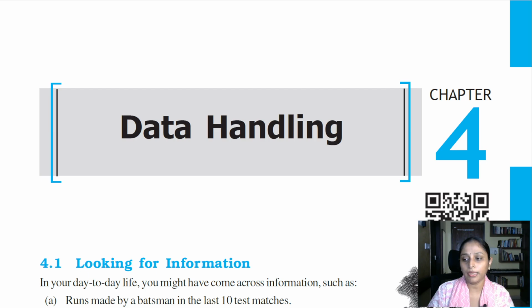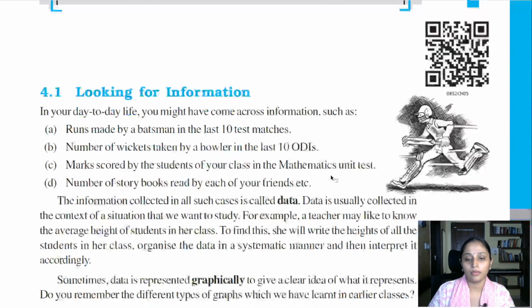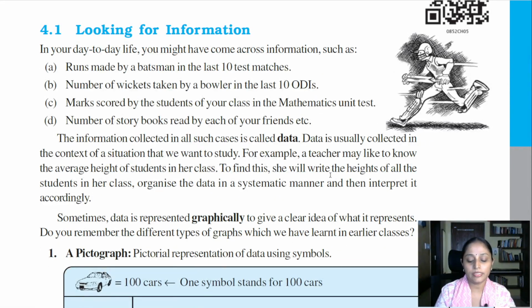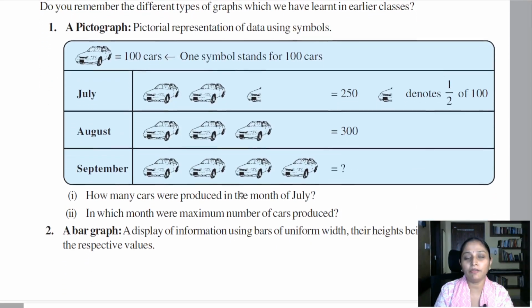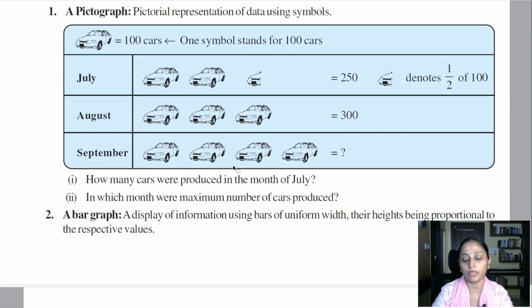So what do we mean by a pictograph? Here you will see that it is representation of the given information in terms of pictures. Okay. So for example, here they have given an example of a pictograph.